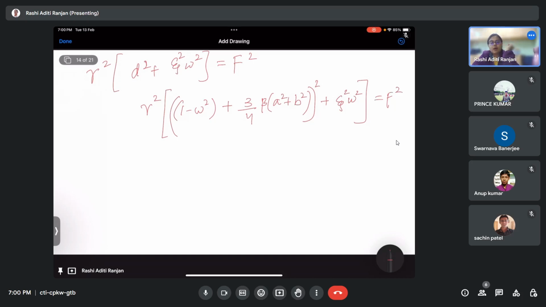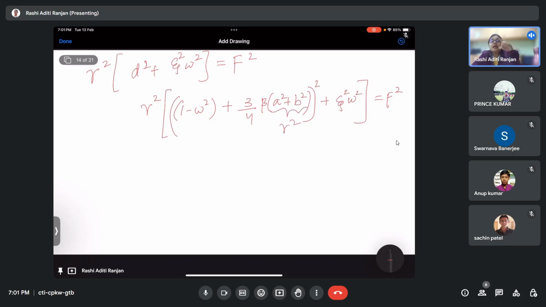Isn't it? This is the expression that I got. So now I can find the relation, no? This A square plus B square will also be gamma square.